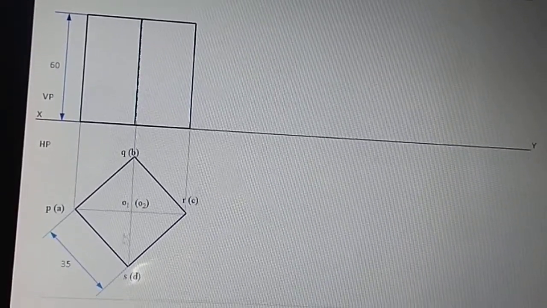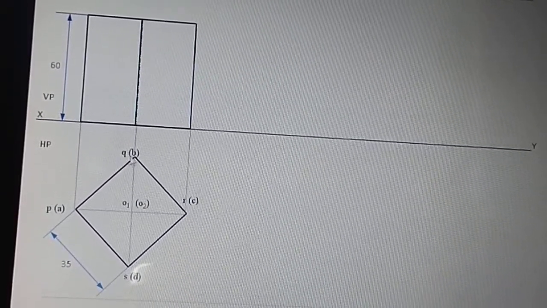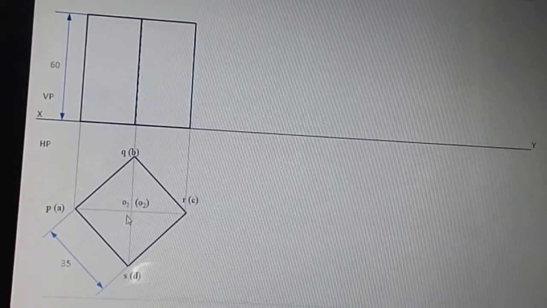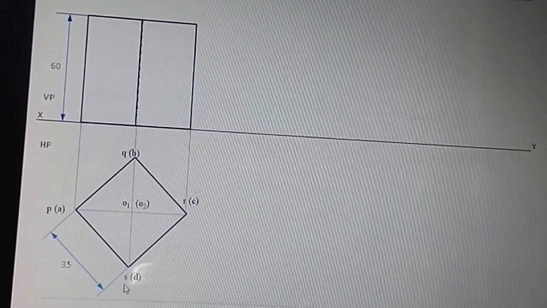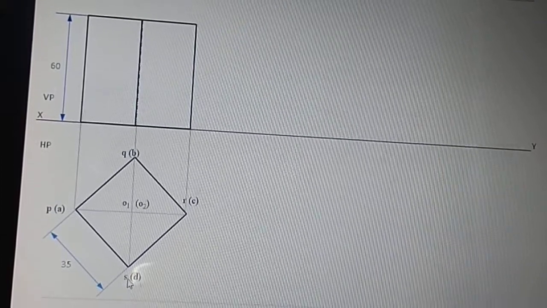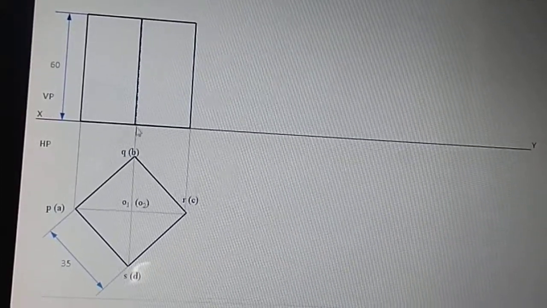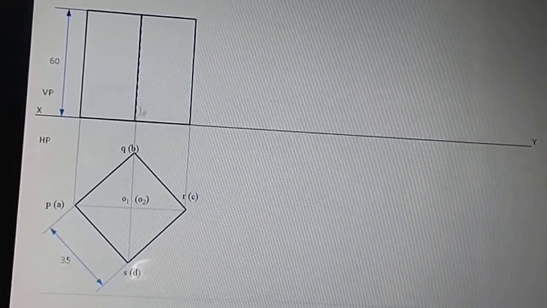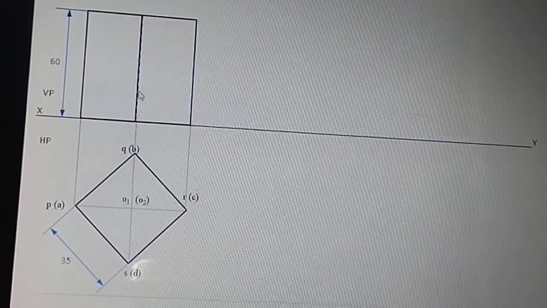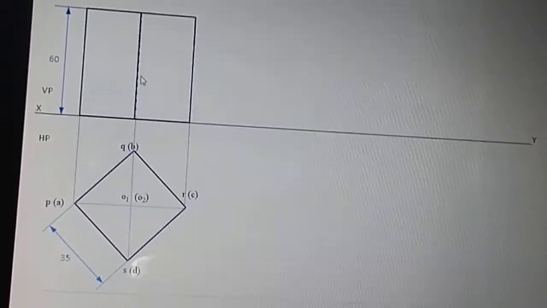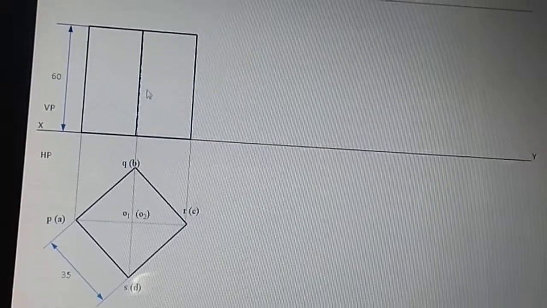Q (B) is not visible, while the front edge S (D) is visible. So in the front view it is represented by a continuous line, overlapping with the axis of the square prism.